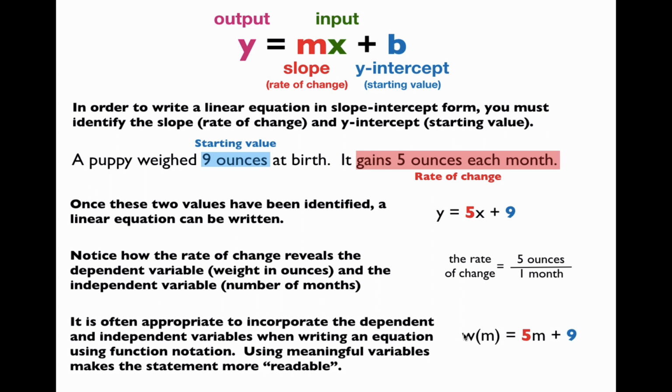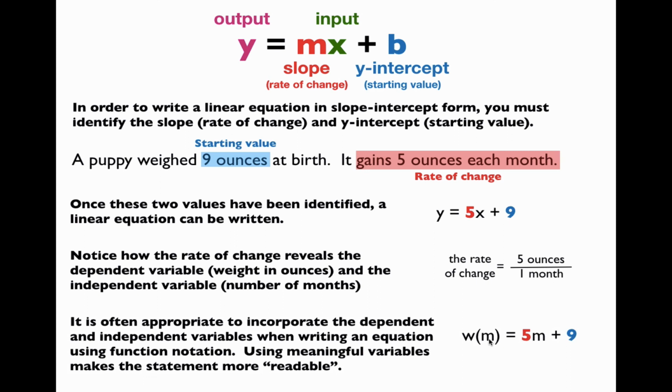So this is why we say w of m. What does that mean, w of m? Well, in the context of this problem, w is the weight and m is the months. The weight of the puppy is a function of the number of months the puppy has been alive.